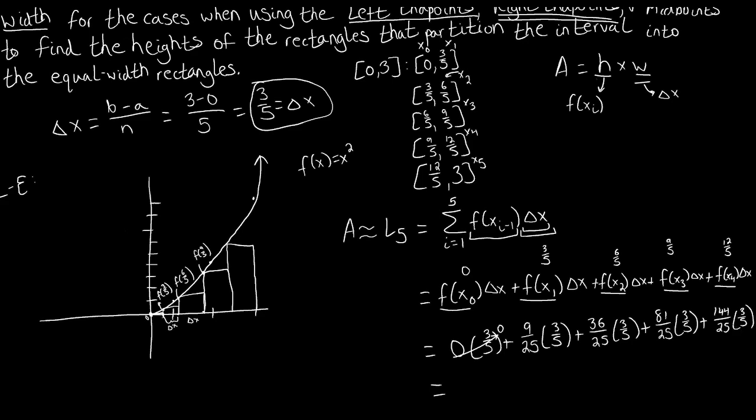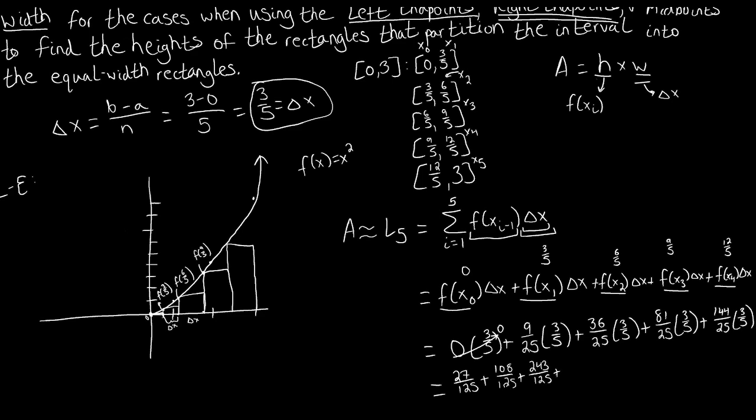So now let's multiply these together so that we can add all the fractions together and see what our approximation is for our area under the curve using the left endpoints. So here we're going to multiply these things together. We're going to get 27/125. Then we're going to add that to 108/125. And then we have 243/125.